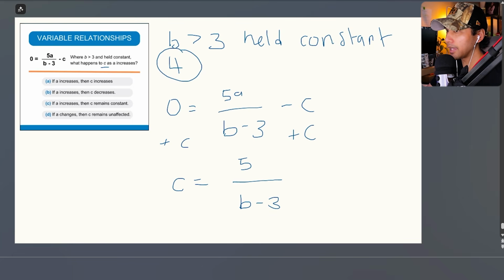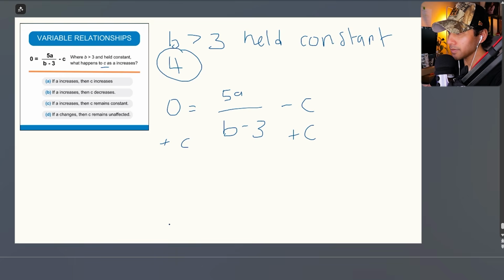C equals 5a over b minus 3. Again, this 4, I'm going to replace it for B. And before I do that, I want to also isolate this A. When I say isolate, I mean just take it out, because it will look better when we write down this problem and work out the equation.